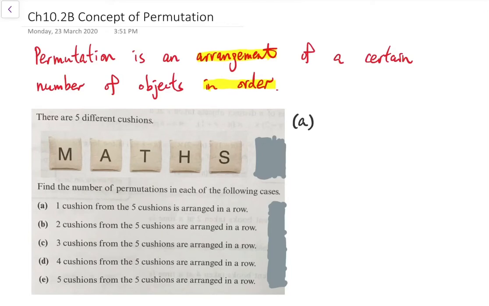You can pick M, or A, or T, or H, or S. You only make one choice, and there are 5 choices for you to make. So the answer in this question will be 5.